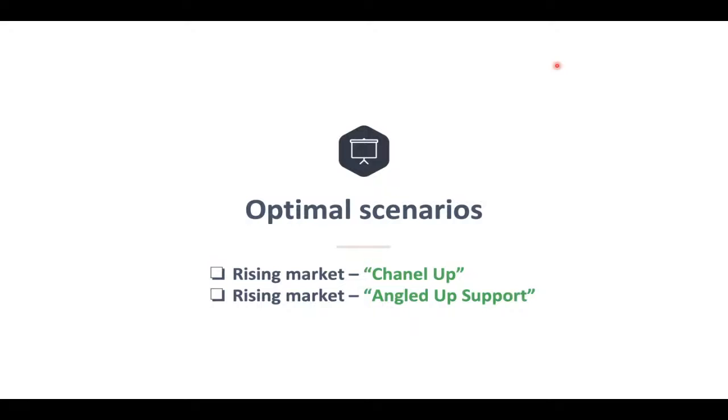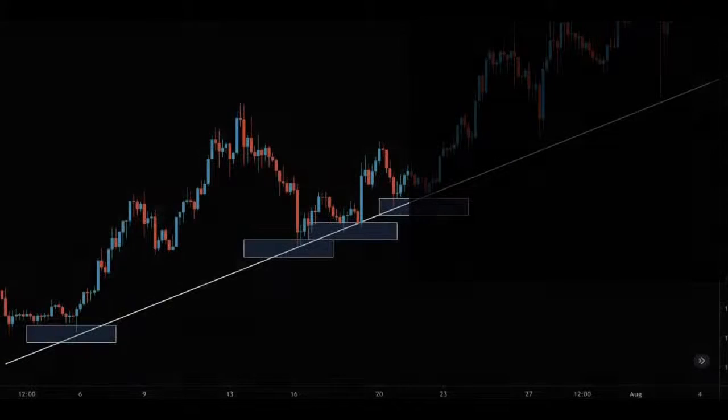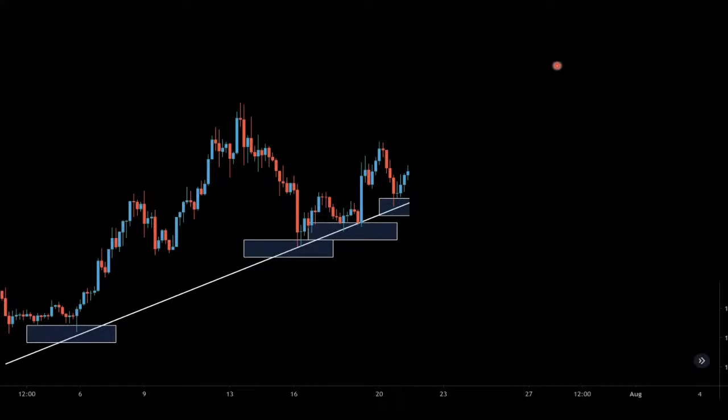Another one is an angled up support. That's a very simple one. What I found out is that in the vast majority of the top 20 cryptocurrencies in terms of liquidity trading in the cryptocurrency world, so that's the BNB, that's FIDA, that's Bitcoin, Ethereum, these are the coins that really respect the support line.